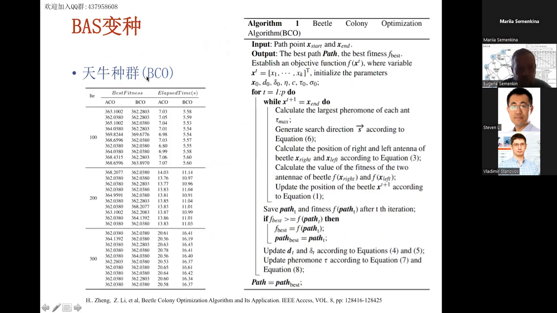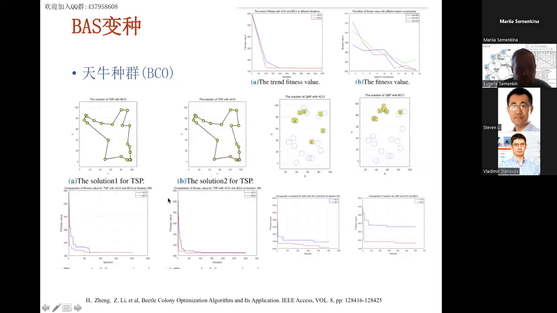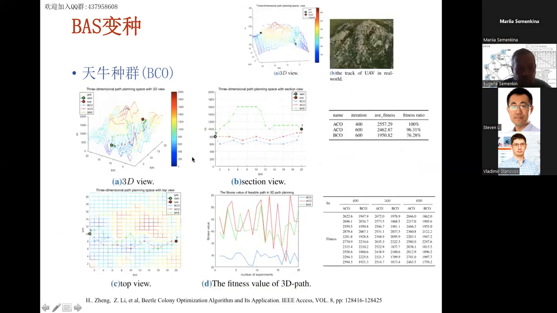This is another extension of the beetle antenna search to swarm applications, which is called the beetle colony optimization. So they introduce different interaction behaviors so that it has different strengths. They applied it to a traveling salesman problem, which is a typical combinatorial optimization problem, and achieved a great result.